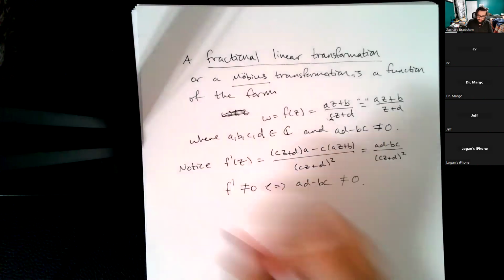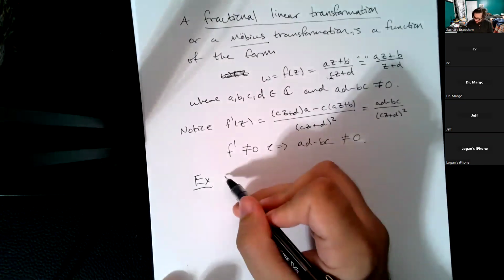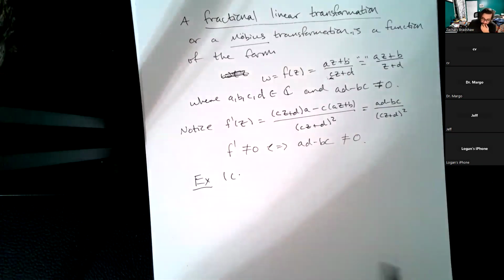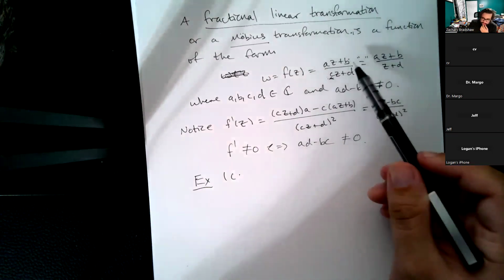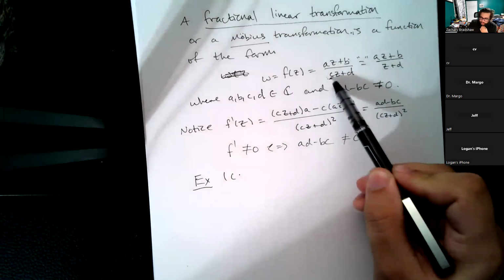Okay, so some examples of fractional linear transformations that we'll give a name to. So for c equals 0, I should amend something I said earlier. We can only do this when c is non-zero, right?